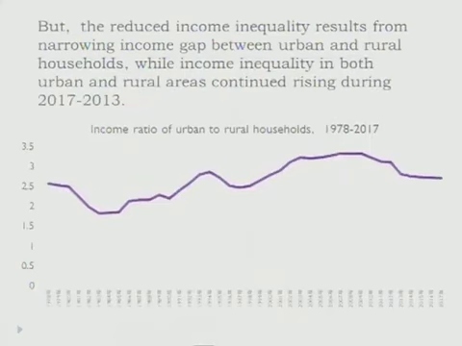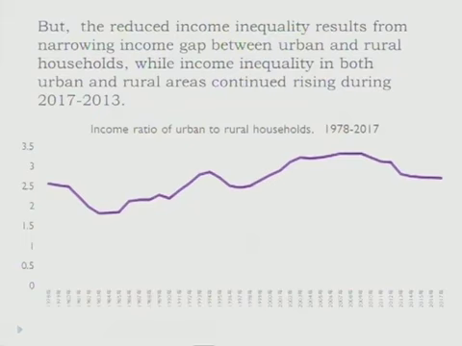When we do some decomposition, trying to break down the total income inequality in China as a whole into between urban and rural areas, and within urban and rural areas, we found that the decline in income inequality in China as a whole is largely due to the falling income gap between rural and urban areas.